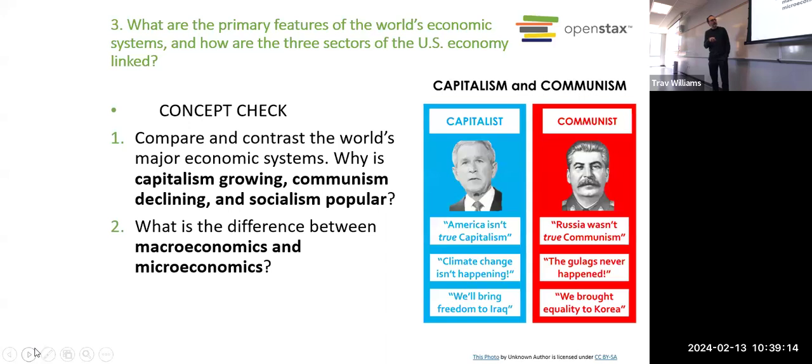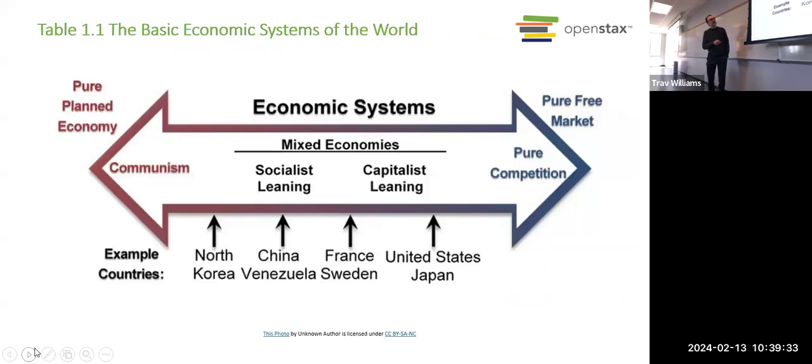Yeah. And if you think about Europe, Canada, Australia, New Zealand, much of Central and South America, I'd say most of the countries in the world would fall into the category of socialist. So let's look at what is the difference between these different economic systems.